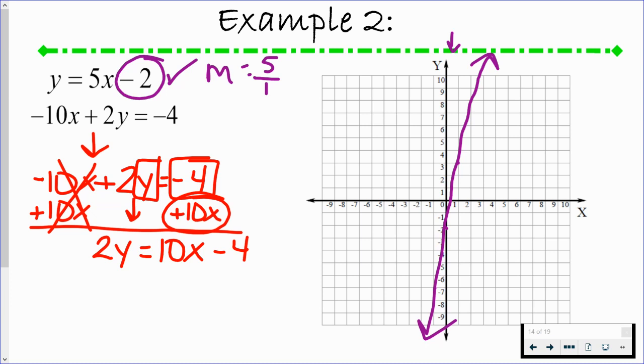Now again, in order to get the y by itself, I need to divide by 2 to every single term. Now this leaves me y equals, now 10 over 2, it's a division, so 10 divided by 2 is 5x, and then negative 4 divided by 2 is negative 2.